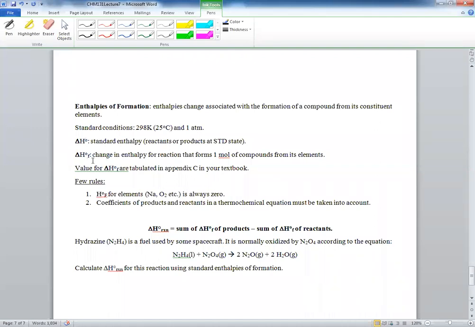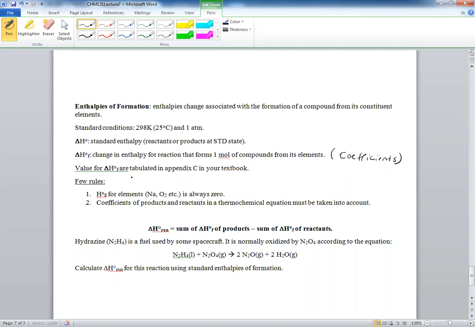The F is, of course, added for the enthalpy of formation, and this one involves 1 mole of the compounds. 1 mole. So in this case, you have to incorporate your coefficients. So pay attention to coefficients.